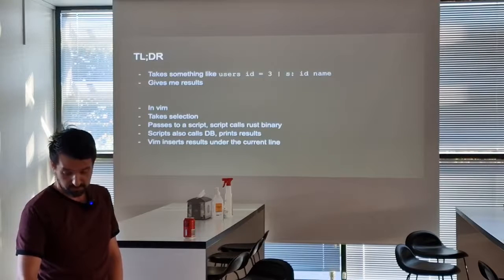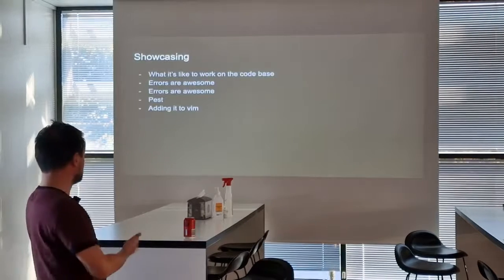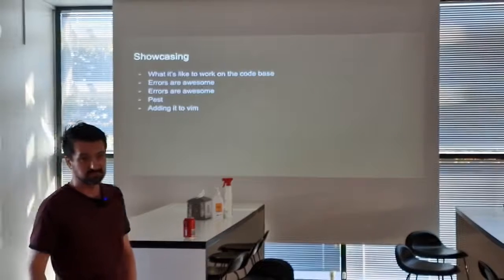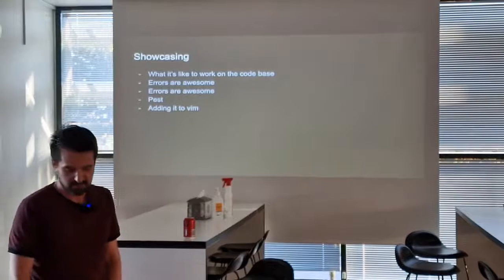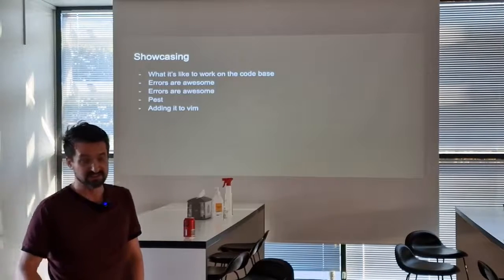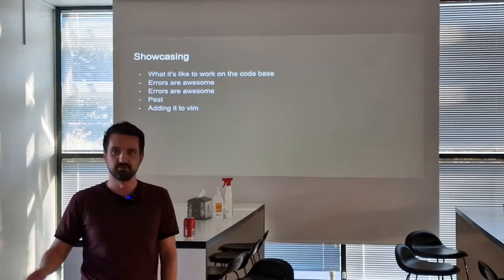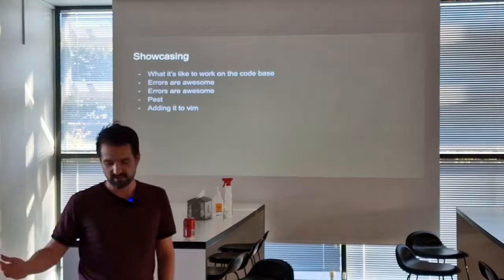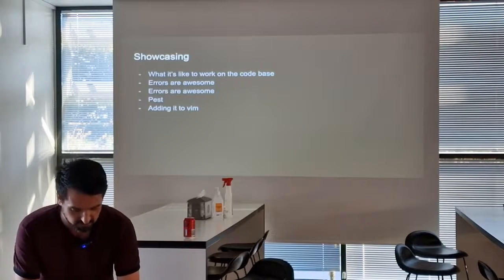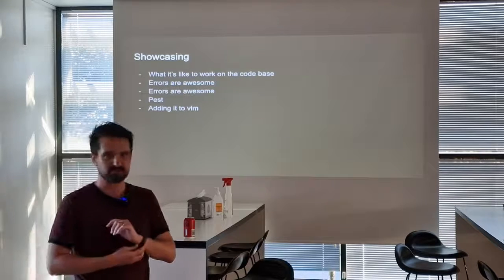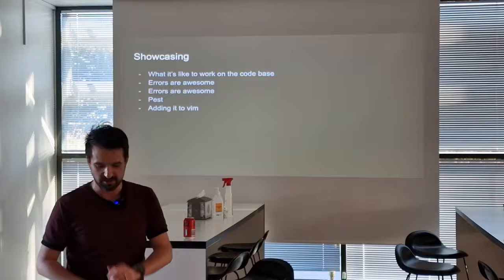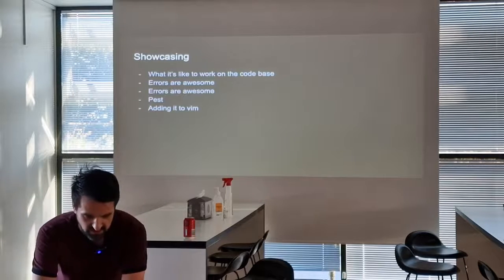Yeah, so I don't really want to talk about the tool itself. What I do want to talk about is what working on it is like. And I hope the people who are newer to Rust or who do not know Rust at all find this a bit more interesting. The rest of us who have played around with it for a while, I think we know these things.